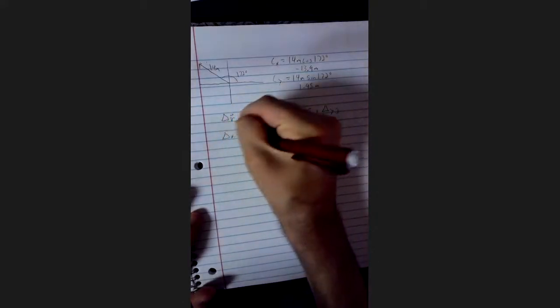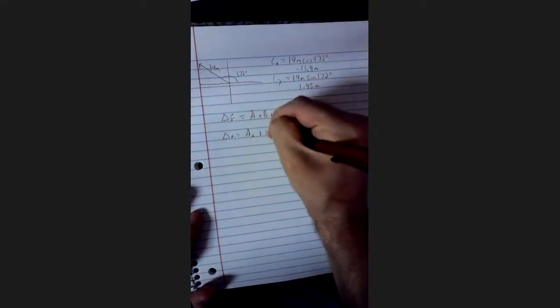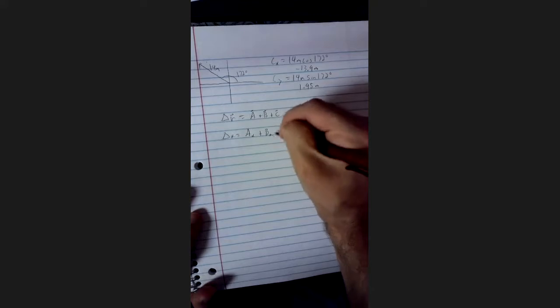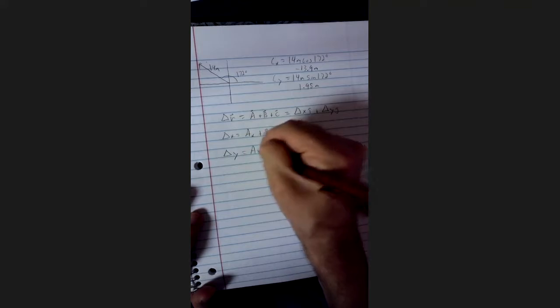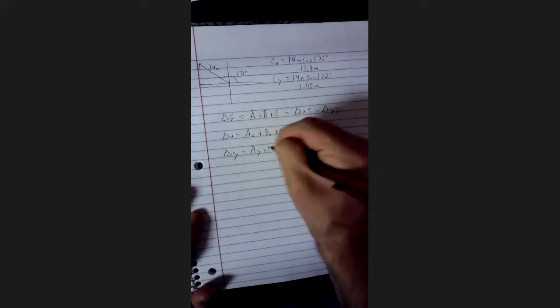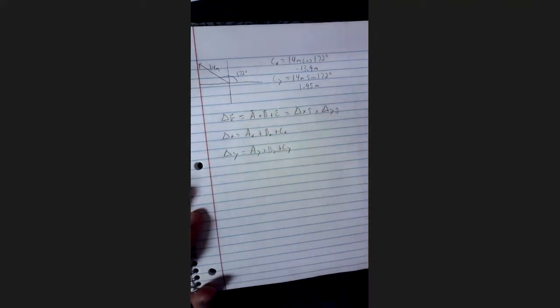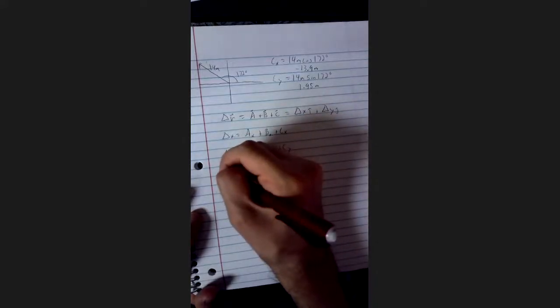So our delta x then is the x components of a, b, and c added together. And our y displacement is the sum of the y parts of these vectors added together. Now we just found what they were, so we know how to add them together.